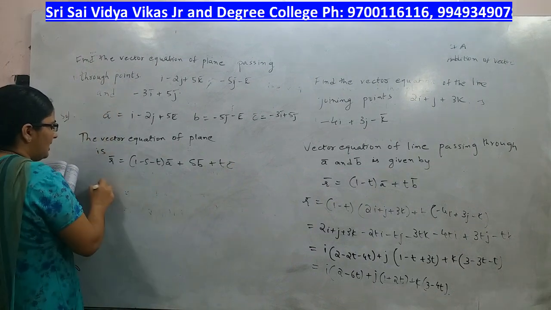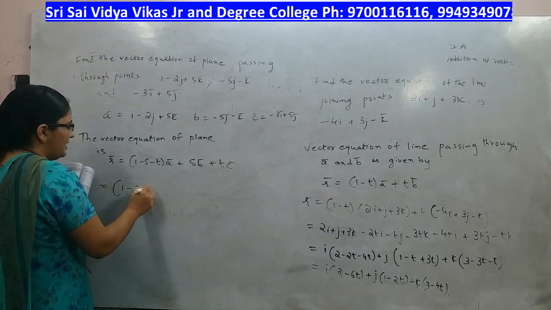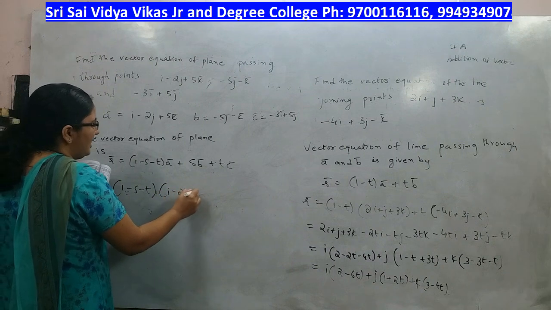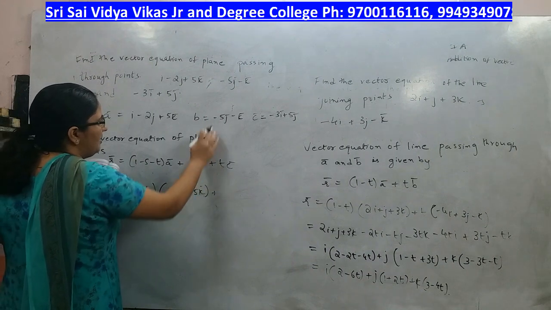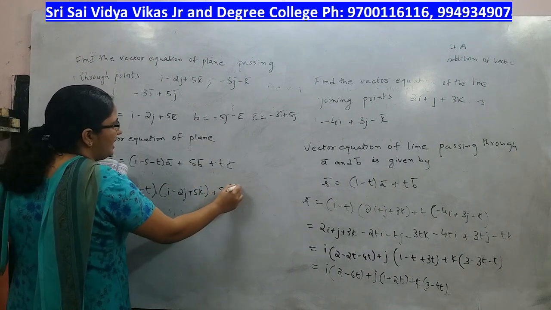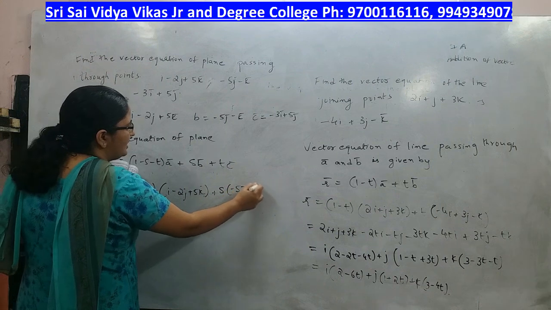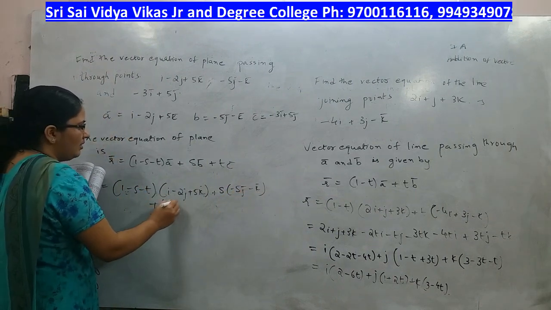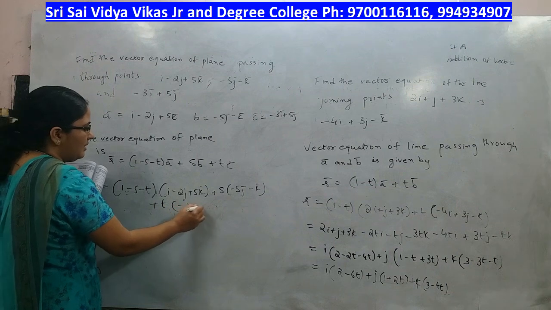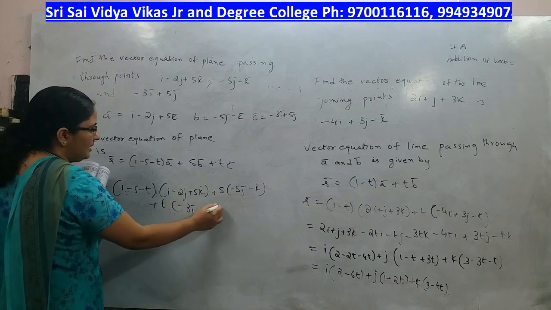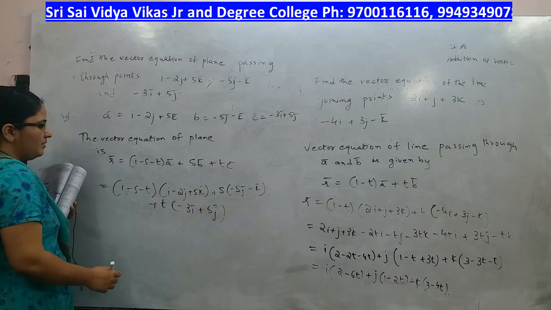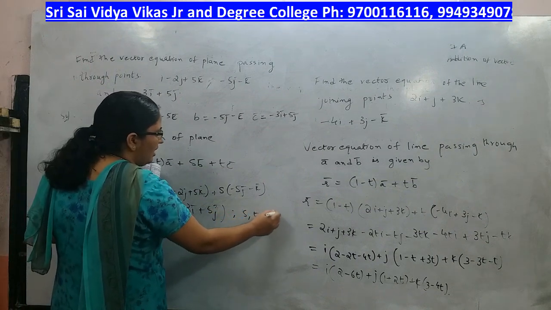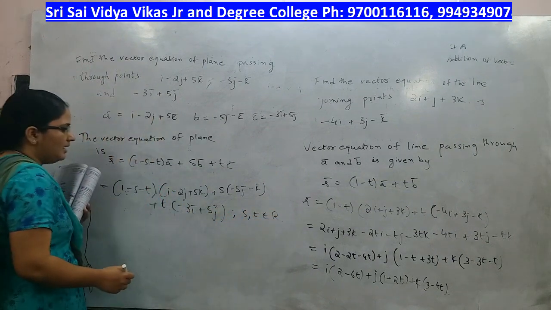So that is nothing but (1 minus S minus T) times (i minus 2j plus 5k), plus S into (minus 5j minus k), plus T into (minus 3i plus 5j), where S, T belong to R. S and T are any real numbers.